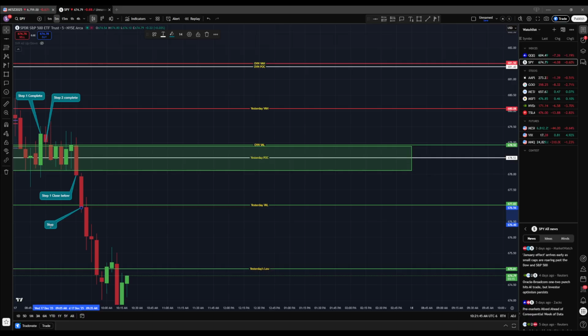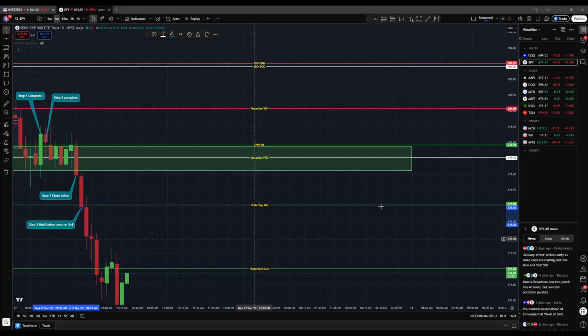So step 2 actually is a hold below area on 5-minute. This works on futures as well. I trade prop account on futures, and it's the exact same setup, so that makes it kind of nice.